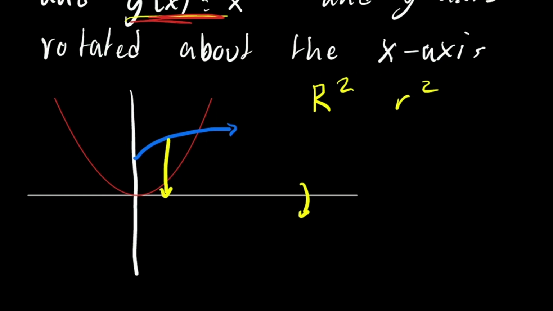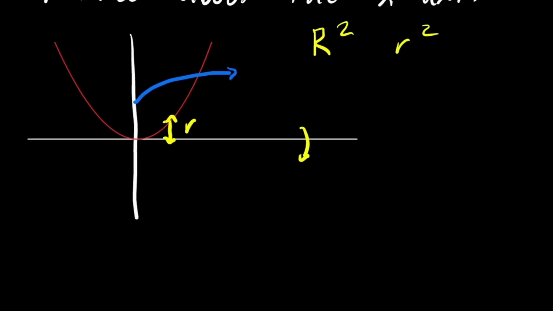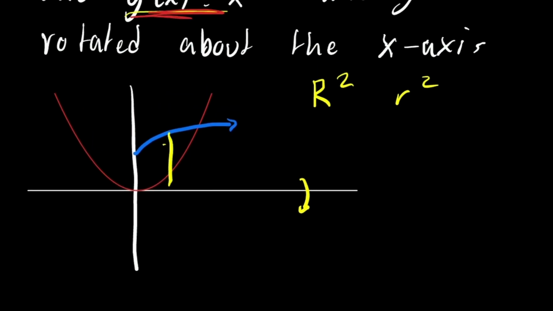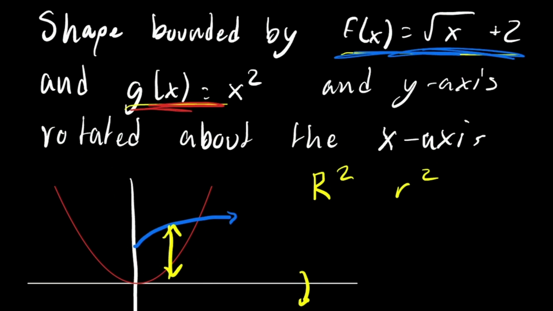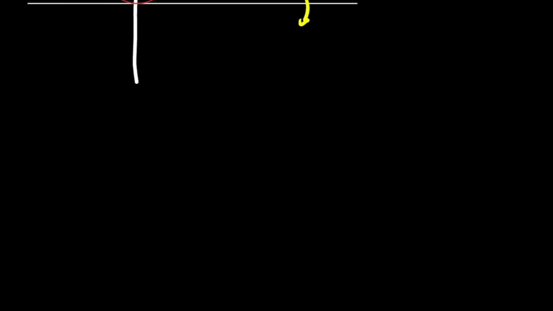This distance right here is going to be our big R. And this distance right here is going to be our little r. Well, we actually know what those are. This distance here is just f of x.